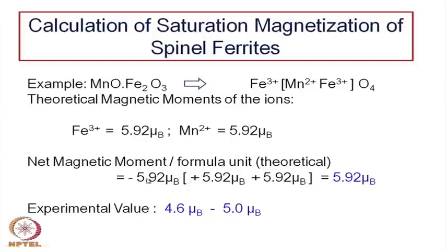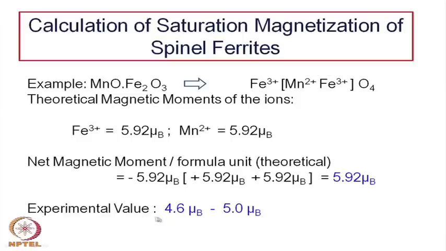So, it is minus 5.92 Bohr magneton, and within the bracket this is also 5.92 from manganese, and this is also 5.92 for the iron. So, ultimately the resultant is 5.92 Bohr magneton. So, this is a very simple way to calculate the expected or theoretical value of the maximum magnetization or magnetic moment you can expect in a structure like this.